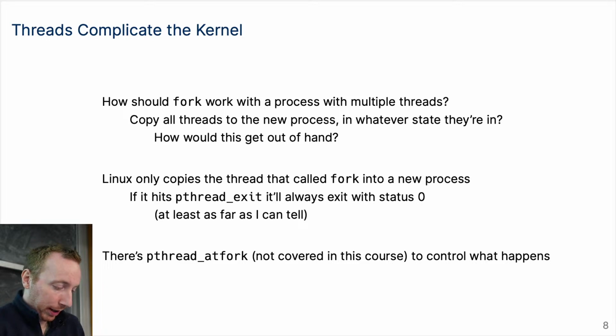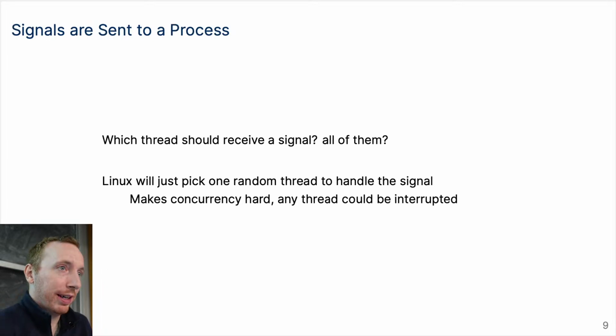So the other complication we touched on before is signals. If you have a process with multiple kernel threads, which thread should receive a signal? Should it go to all of them? Well, Linux says if a signal comes in, it should only be received once, and it picks a random thread to receive that signal.